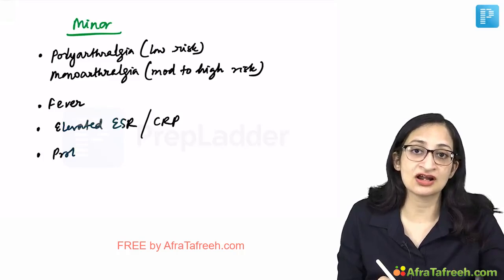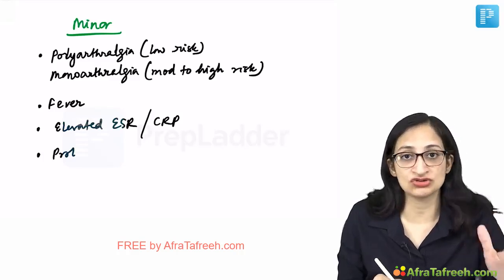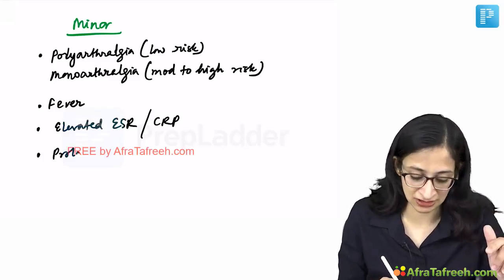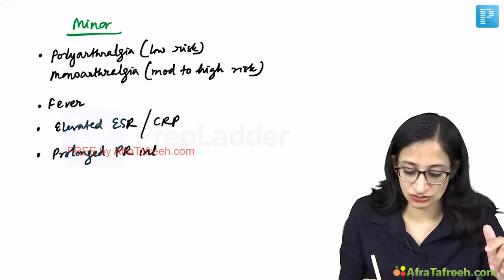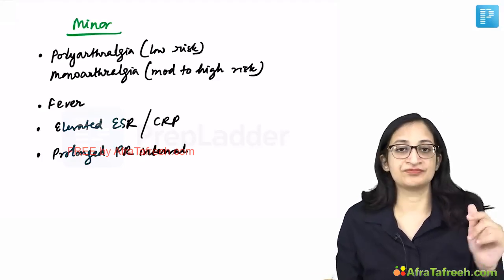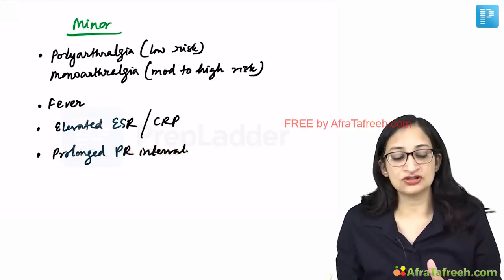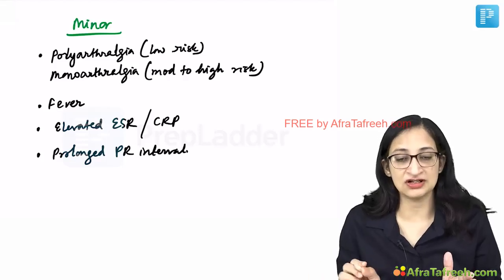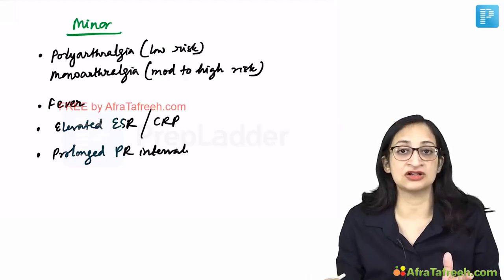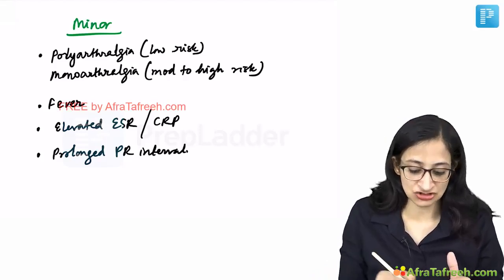If you have already taken carditis as a major criteria, then you cannot use the prolonged PR interval here as the minor criteria. Okay. So these four are the minor criteria. Alright. So polyarthralgia in low risk population, monoarthralgia in moderate to high risk population, fever, elevated ESR or CRP, and prolonged PR interval. Now there is an essential criteria.